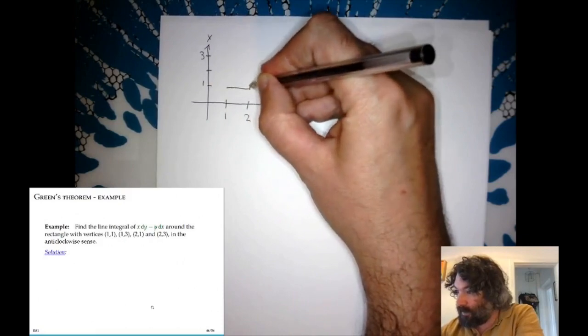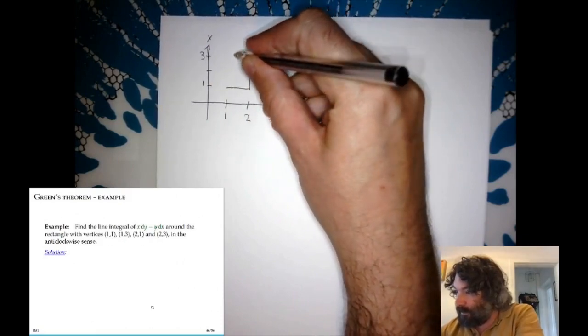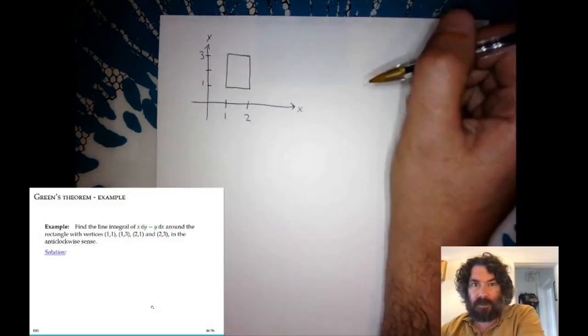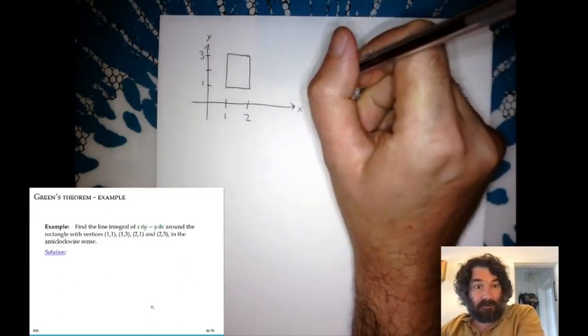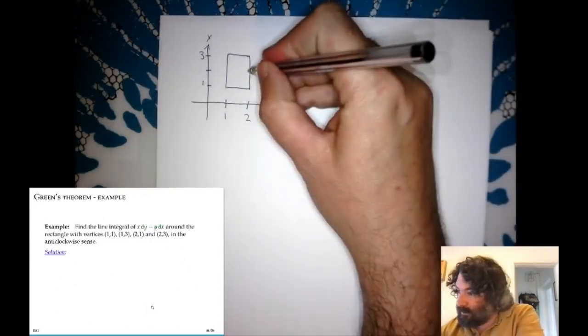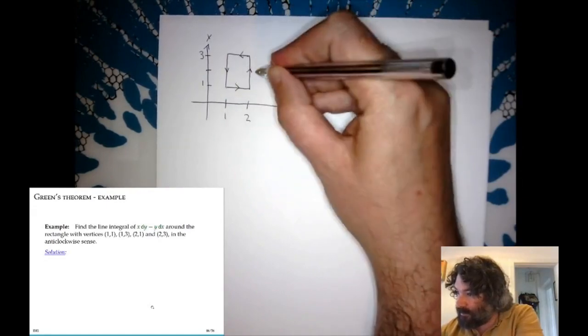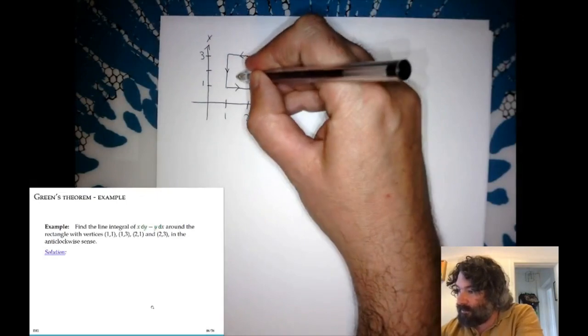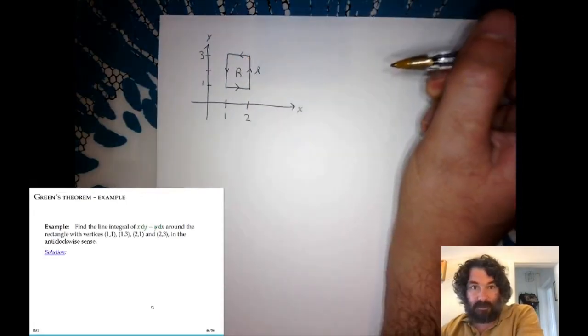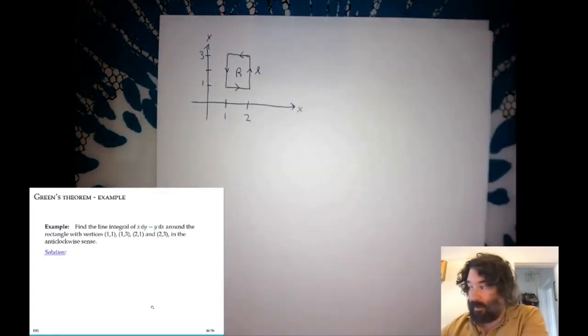So this is the rectangle, and the curve, the loop L, is the curve that goes around the boundary of this rectangle in the anti-clockwise direction. And the region R is the region enclosed by that rectangle, the region inside the rectangle.